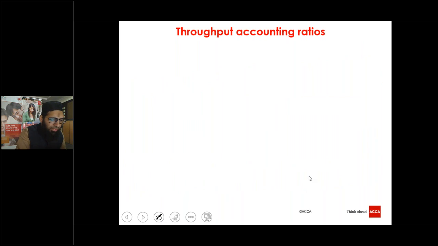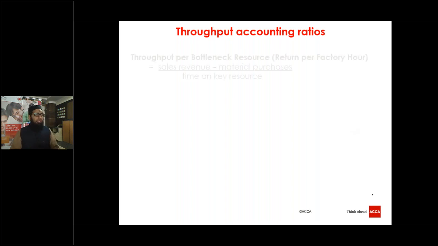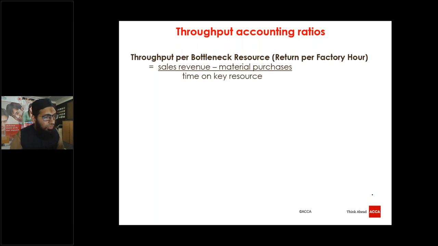Now, let's see the throughput accounting ratio. First of all, to calculate the throughput accounting ratio, we will be calculating the throughput per bottleneck resource.